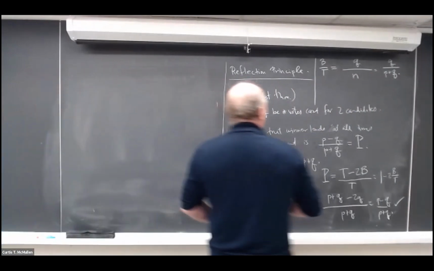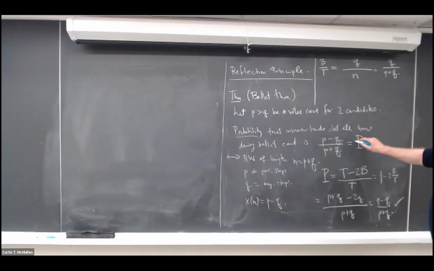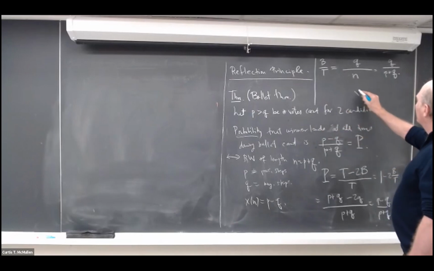So by the way, one thing I want to emphasize here is that this is a conditional probability. This is not telling us something about all random walks of length 2n. What we've done here is we fixed the endpoint. We've required that we know what x is.